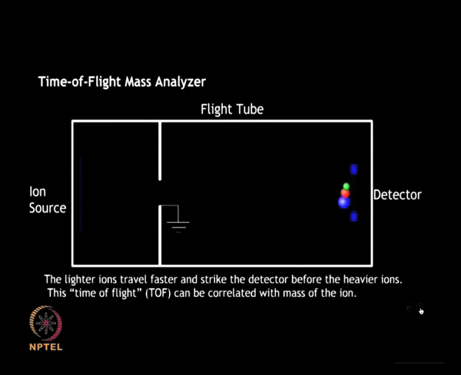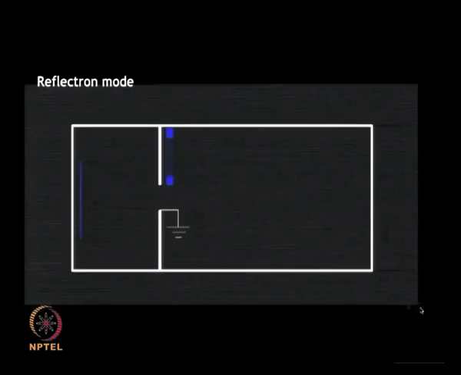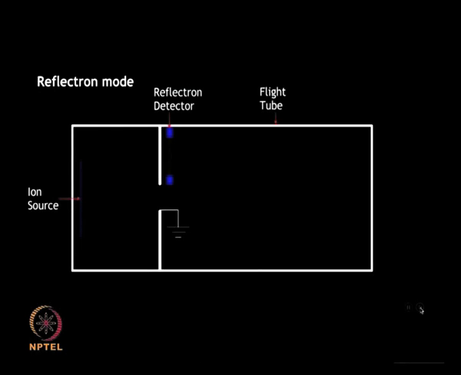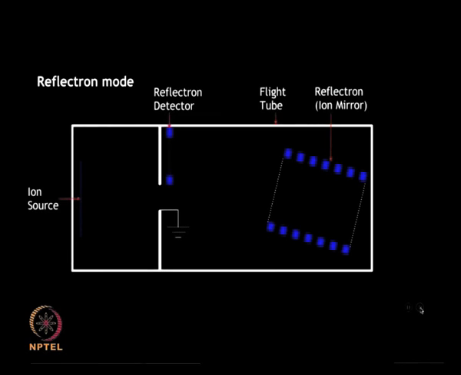As we talked about earlier, the TOF analyzer can also be operated in the reflectron mode. This is more commonly used for proteomics studies. A reflectron, which acts as an ion mirror, is incorporated at one end of the time of flight tube.